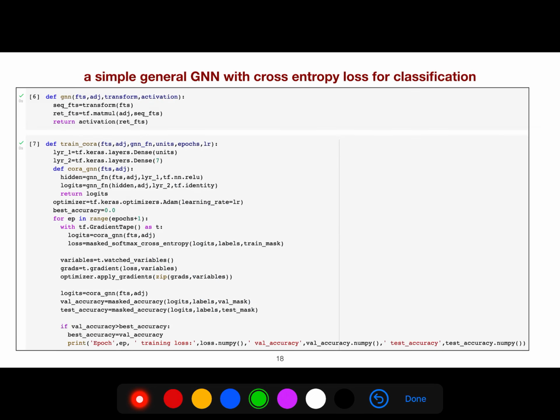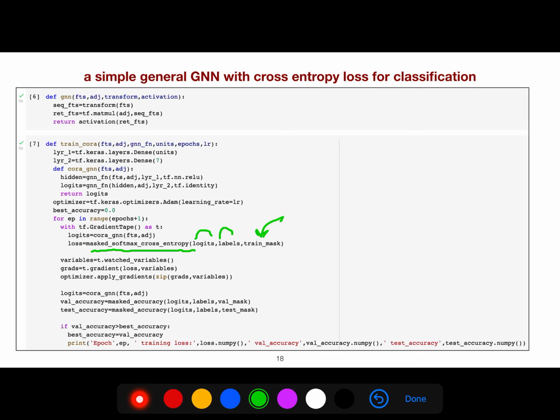We have used cross-entropy loss in this implementation. And as you see, here we use masked softmax cross-entropy for your logits and their labels. I said that we use a mask, and here we use the training mask, just training data.